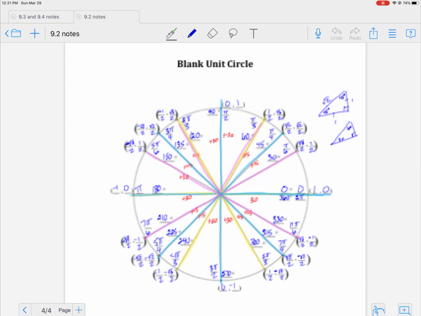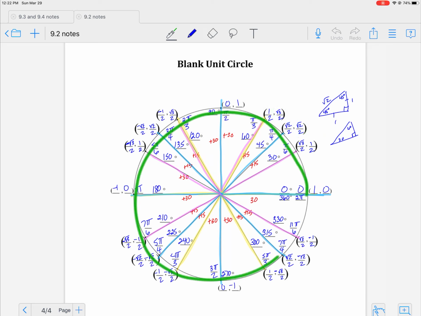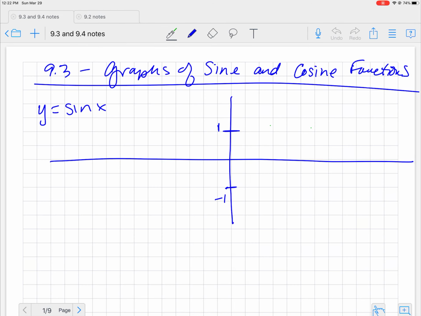Once we talk about this periodic function, we're going to break it down, but just know that it goes on forever. However, I kept 9.2 notes up here because I wanted to be able to pull up our unit circle. When I have our unit circle, the values of our sine function here are all the y values, right? So I'm swinging around.